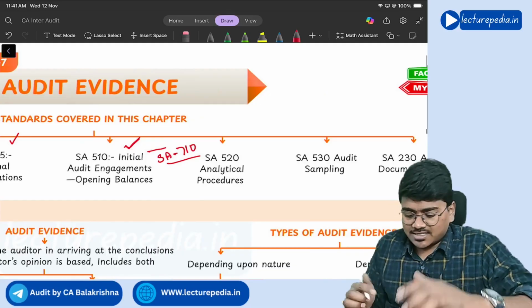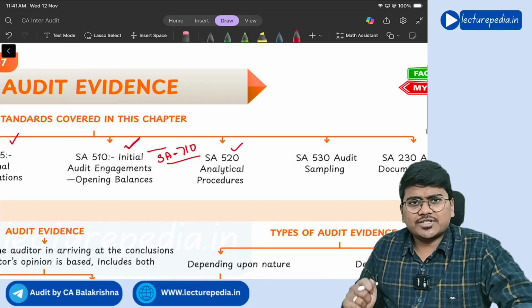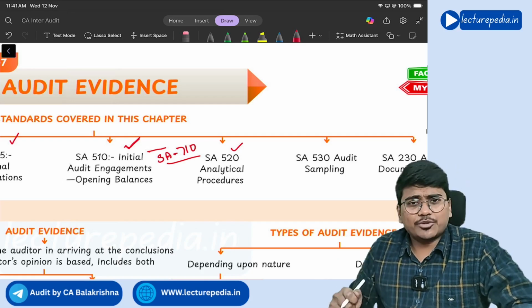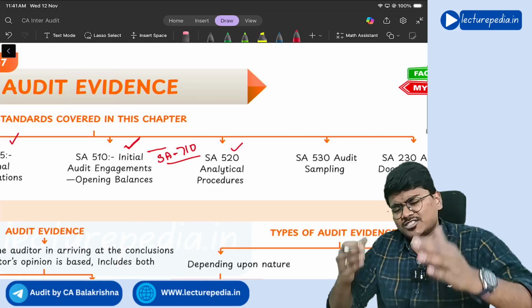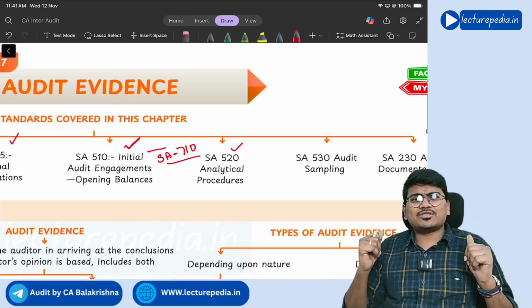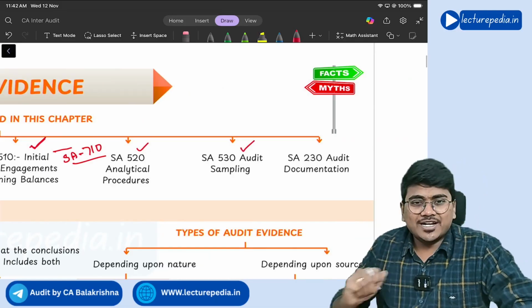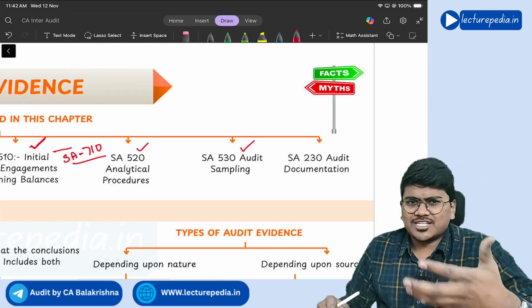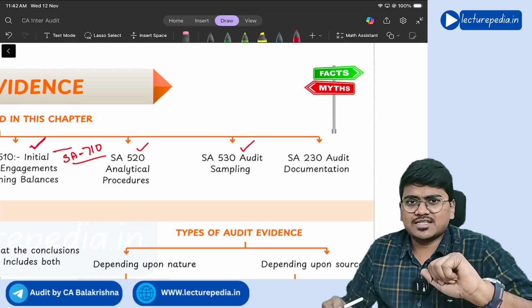Okay. Next, SA 520, analytical procedure. So how to obtain audit evidence by using analytical procedures, and in which situations you will use analytical procedure. First of all, what is meant by analytical procedure? All these aspects we will be covering. Next, SA 530, audit sampling. So with respect to audit sampling, we will see in SA 530. I will explain while discussing SA 530.